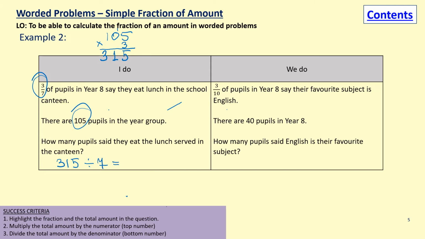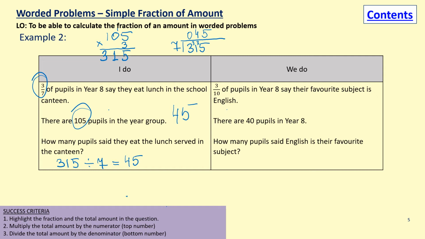I will use bus stop method for that. 7 under the bus stop goes 315. 7 in 3 goes 0 times, 3 is carried over. 7 in 31 goes 4 times, it's 28, so 3 is carried over. 7 in 35 goes 5 times, so the answer is 45. So the final answer is that 45 pupils said they eat the lunch served in the canteen.